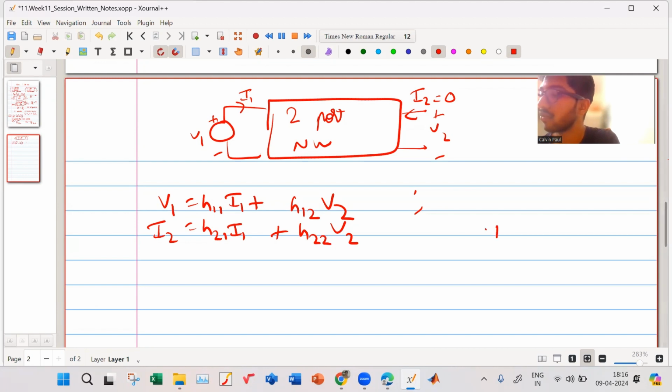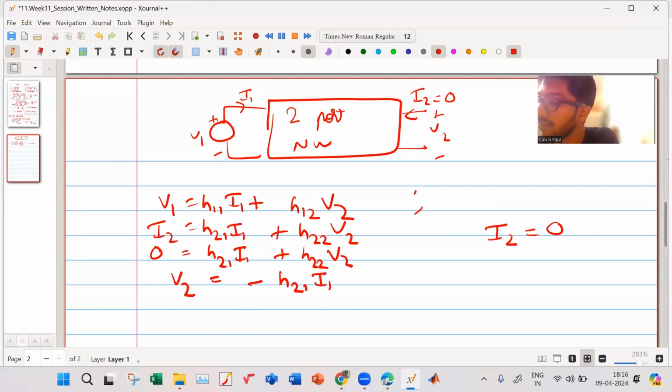We know for this case I2 is equal to 0. If I2 is equal to 0, what do I get? So 0 is equal to H21 I1 plus H22 into V2. So my V2 is equal to minus H21 I1 upon H22, right?